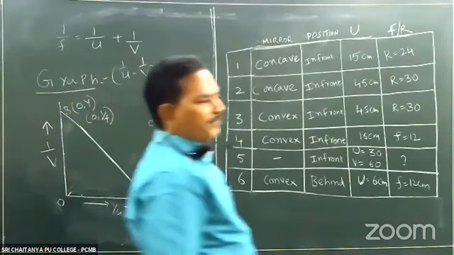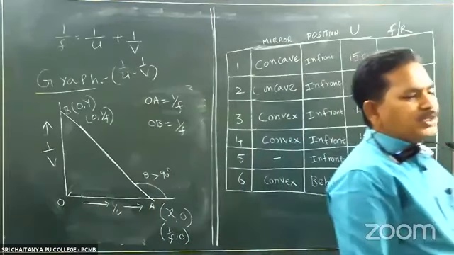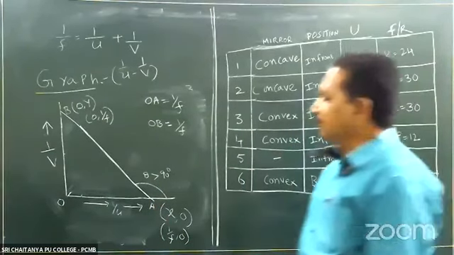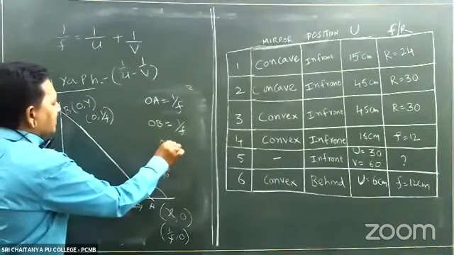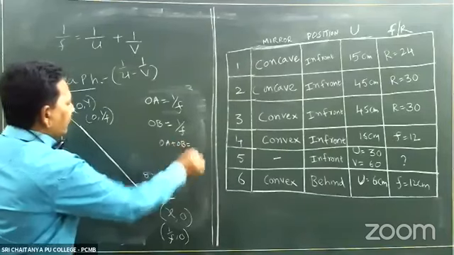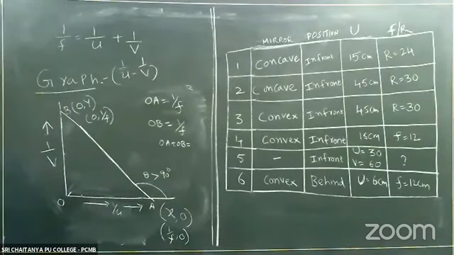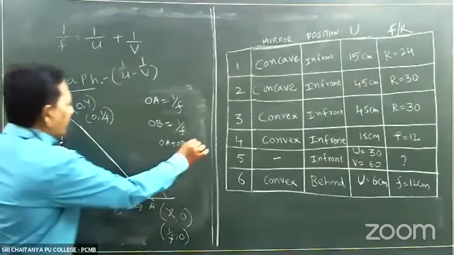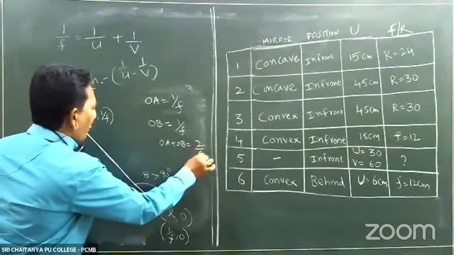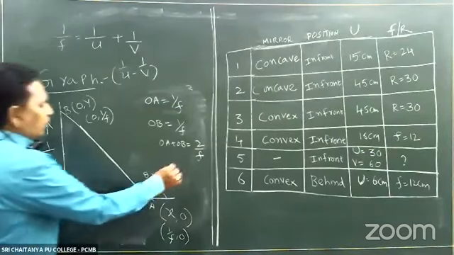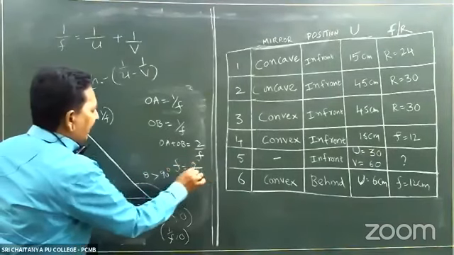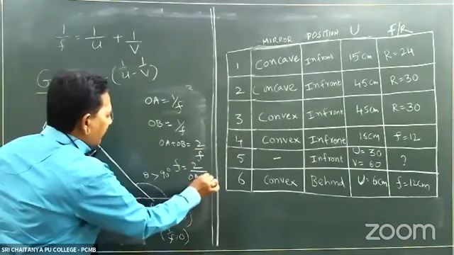OA value is 1 by F. OB value is also 1 by F. Then add both of them and we will get the answer. OA plus OB is equal to 1 by F plus 1 by F, which is equal to 2 by F. Then F is equal to 2 divided by OA plus OB.